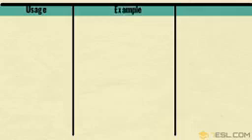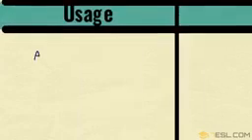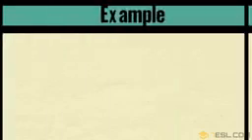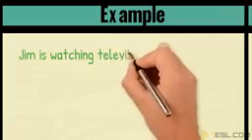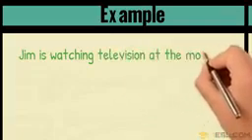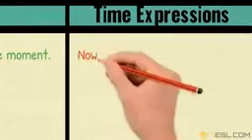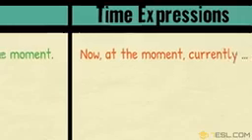Usage. Example. Time expressions. Action happening now. Jim is watching television at the moment. Now, at the moment, currently.